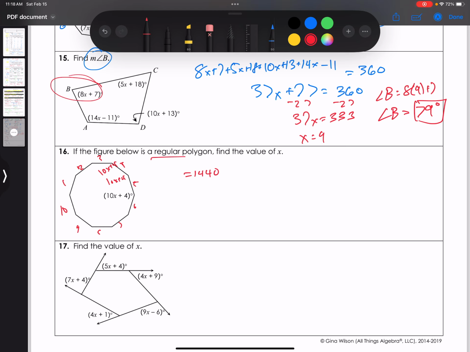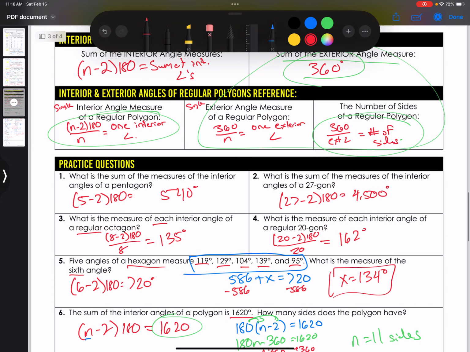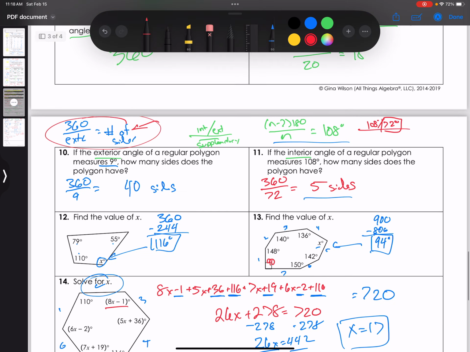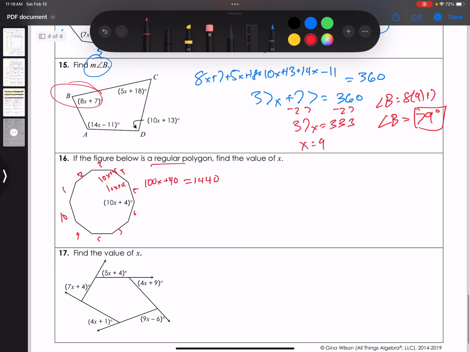We'd have what? 100x plus 40. Yeah, because I think that's times 10. Okay, and then we get all that. Or what we could do is, since it's a regular polygon, we can use this formula to find one interior angle. We were given one interior angle, so let's use the formula for that.